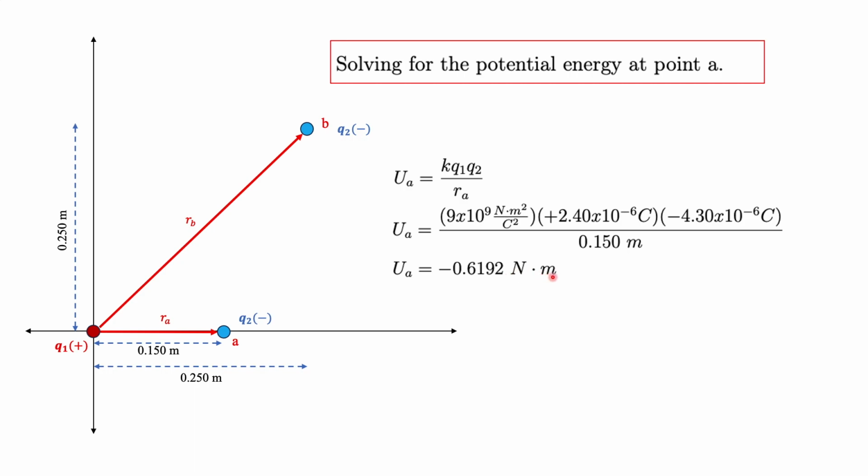I have newton times meter, and recall from your previous physics that newton times meter is the unit of joule. Take note, this is a potential energy and we're seeing joules. This is really a good sign that we're doing it right, because your energy is in terms of joules. But notice another thing: the potential energy is actually negative 0.6192 joules.